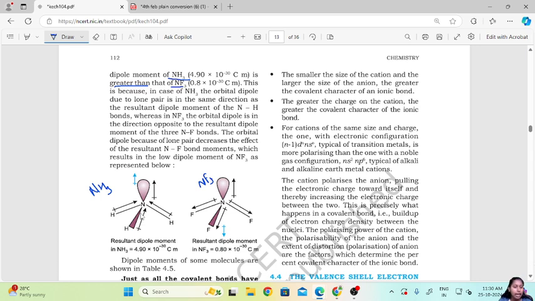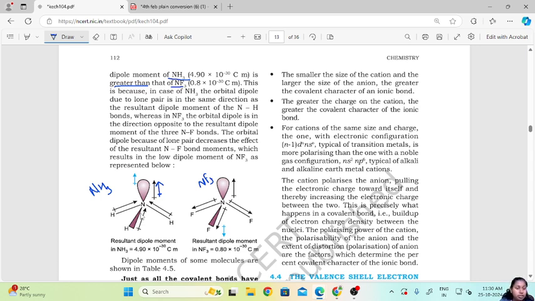Now for NH3 what happens? The dipole moment of the lone pair is in the direction towards the lone pair. The dipole moments of the NH bonds and the dipole moment of the lone pair, all of them are in one direction.